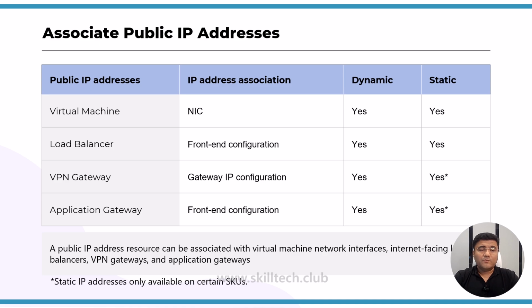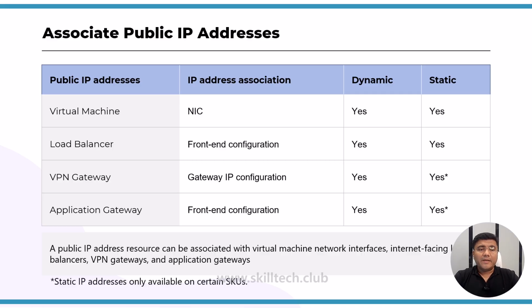On the other hand, when we focus on VPN gateways or application gateways, most of the time we have a dynamic IP address configuration, but sometimes we can have static IP addresses also. Remember, a static IP address is only available on certain SKUs, and that's the reason this star is there. You cannot get this on all the VPN gateways, especially VPN gateways starting with Basic, which do not have those features.